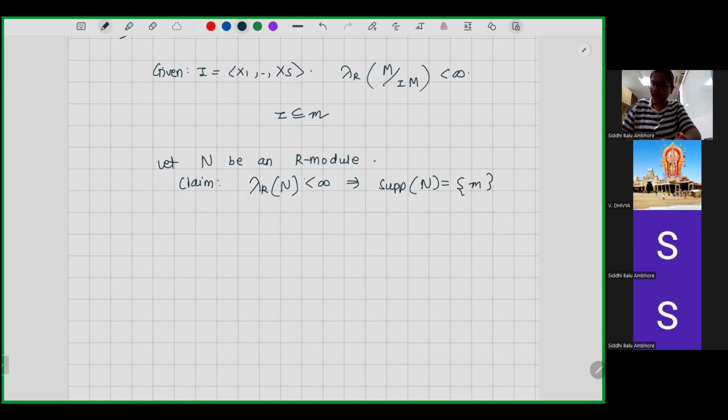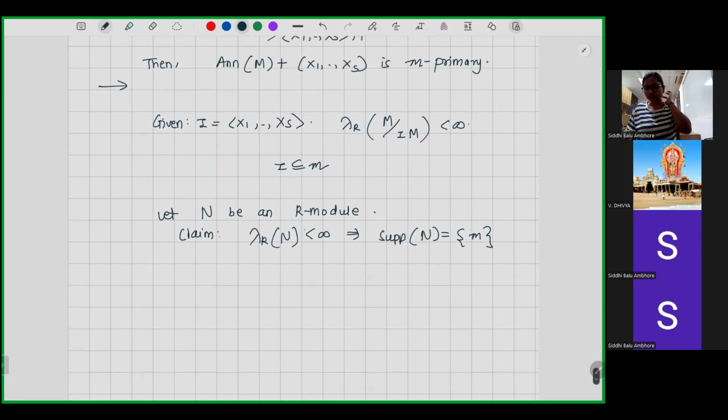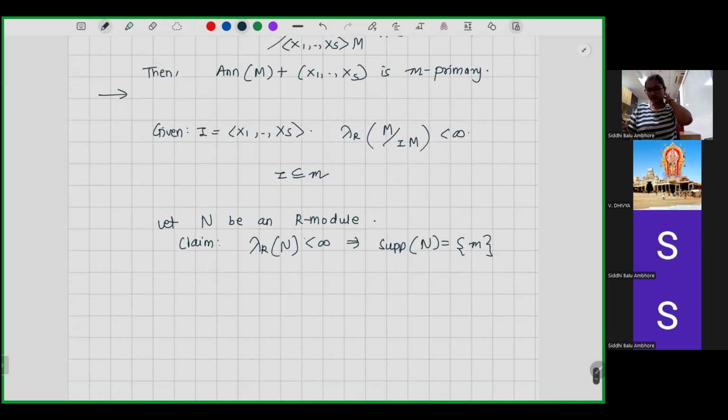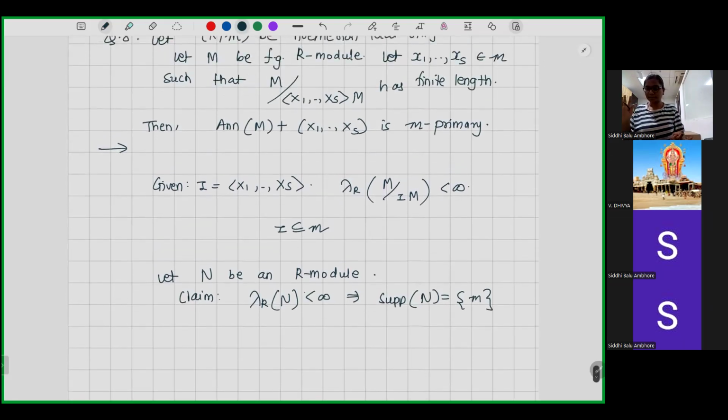And the moment I have this, M mod IM has finite length, this will imply the support of this M mod IM is just this maximal ideal M.